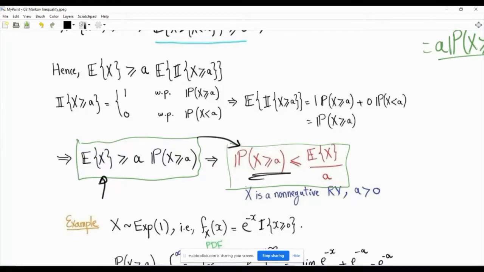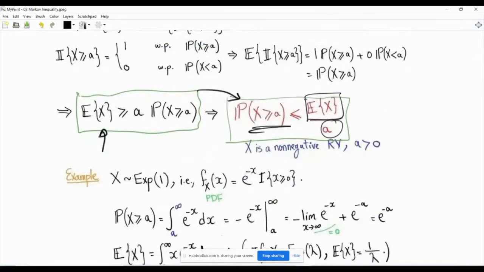Suppose you don't know the distribution of x, you only know that it is a non-negative random variable with this particular first moment. Then you can upper bound this tail probability by the expected value of x divided by a. So this is the Markov inequality.